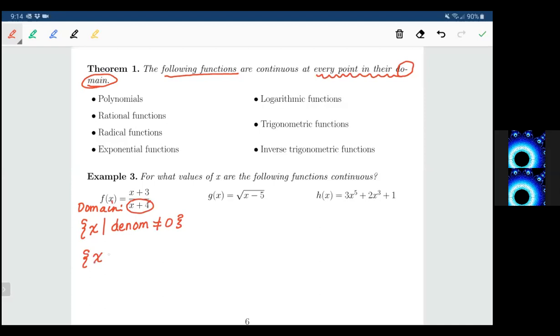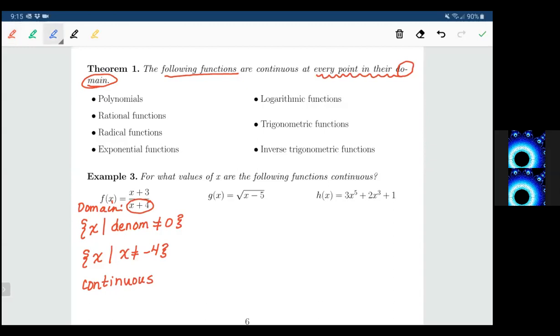So the domain is the set of all x such that x cannot equal -4, and therefore this function is continuous for every value of x that is not equal to -4.